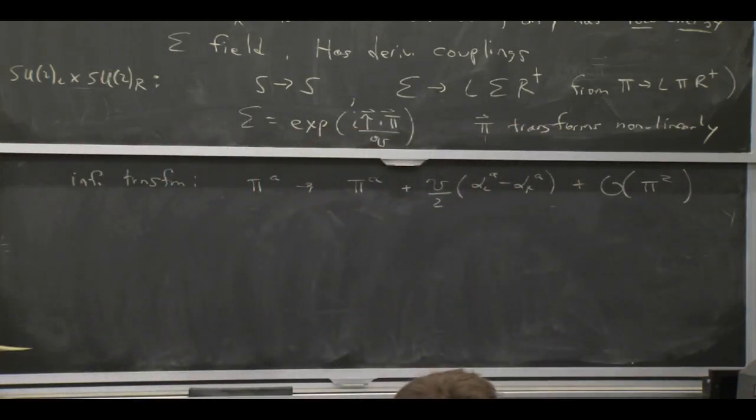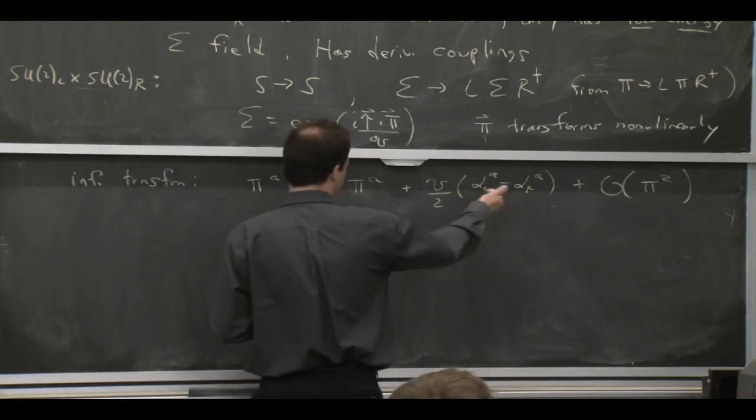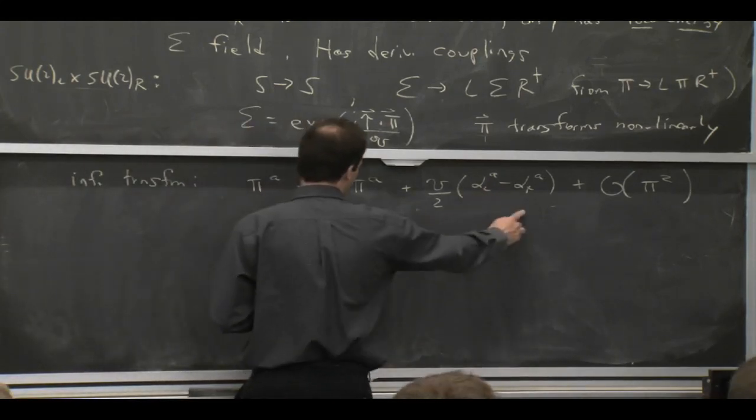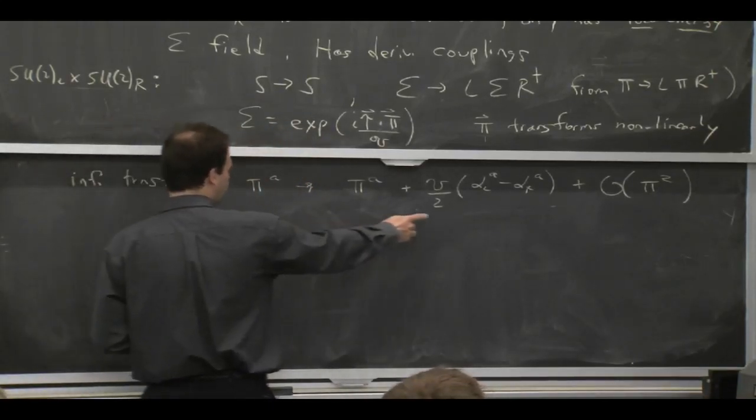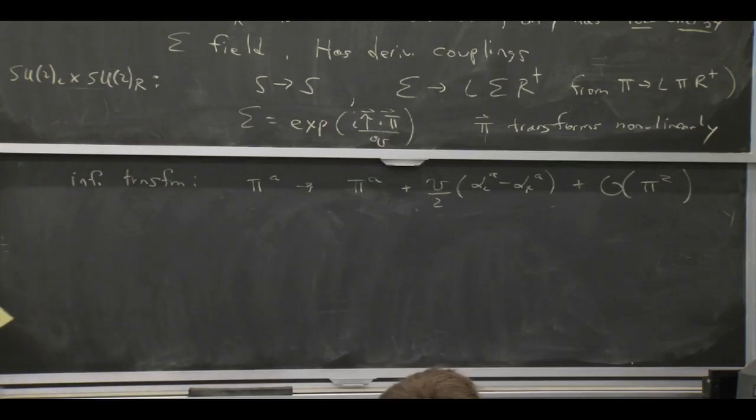It's those pi squared and higher terms that make it nonlinear. This term here is what tells you it had better be derivatively coupled, because if you have a derivative, that kills this constant. And that was something that was hidden in our linear version of the theory.